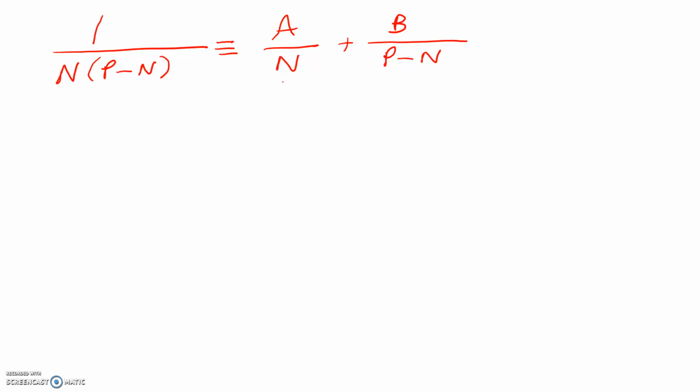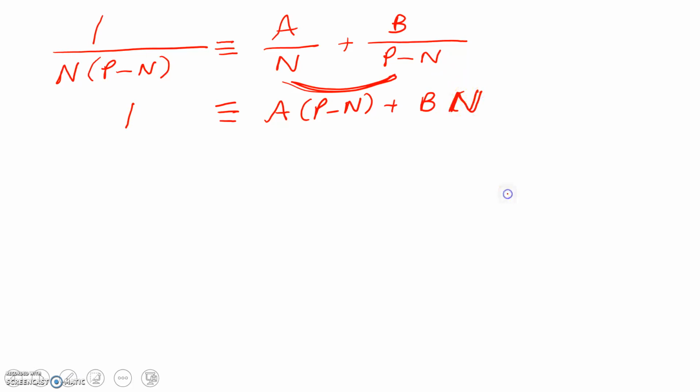Basically, we're going to cross multiply here to get a common denominator. So we'll get 1 is equal to a times p minus n plus b, just bn. And we're looking for the a and b that will make that true for all values of n.